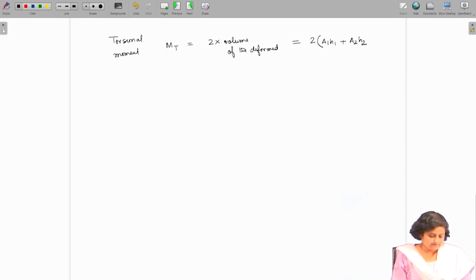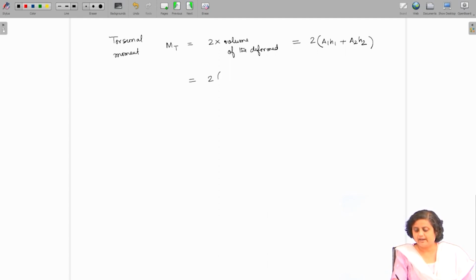From geometry we can say that the total torsional moment is going to be 2 into A1 H1 plus A2 H2. Now let us see what we can do further.